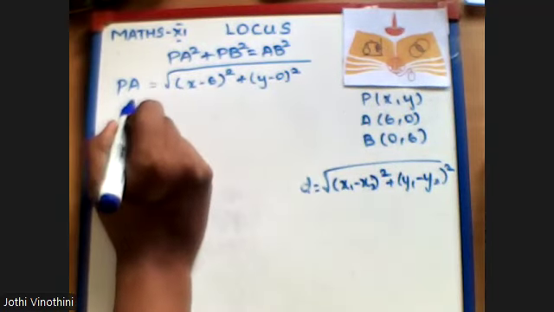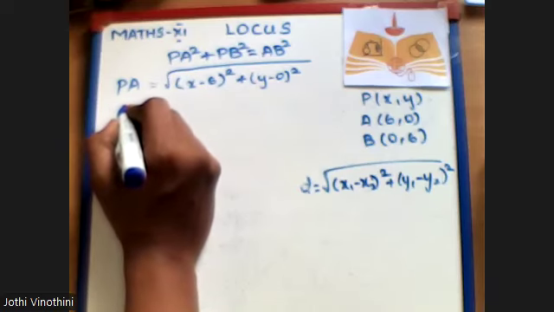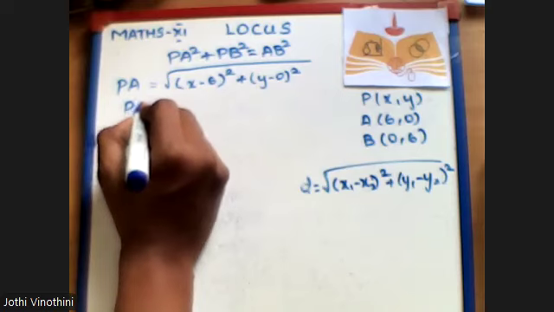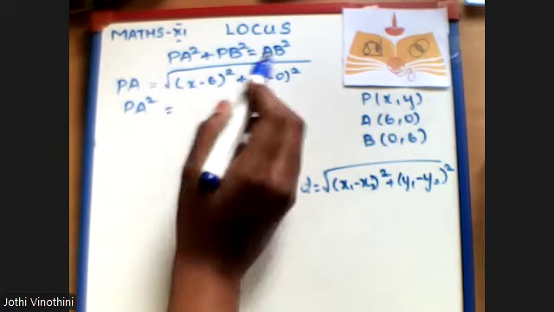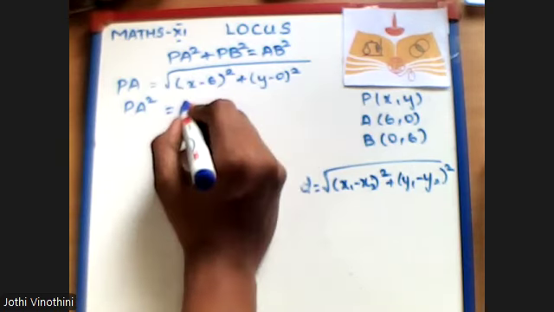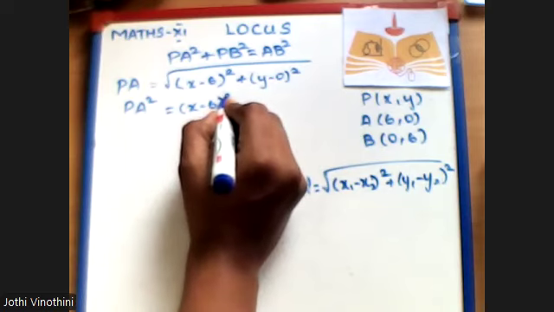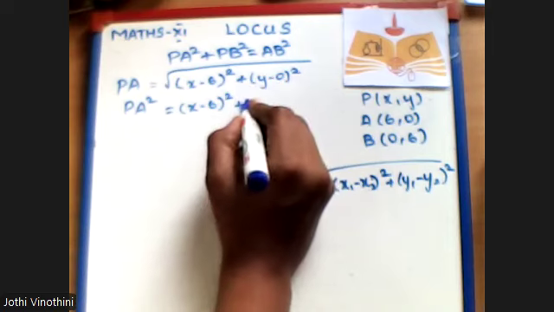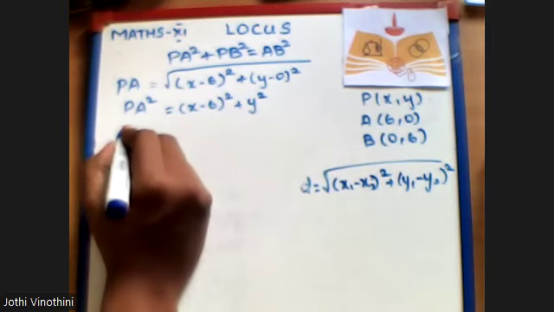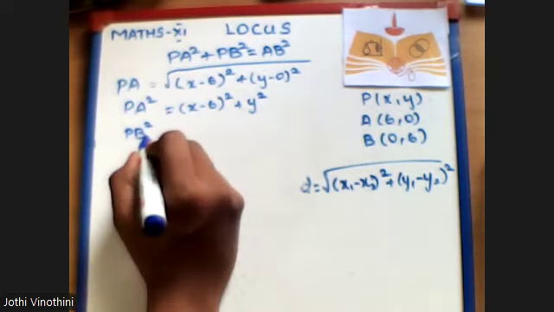So what am I going to find here? I need PA square. So what do I have to do? I have to square this. While squaring, the square root will get cancelled. So the answer will be x minus 6 the whole square plus y minus 0, which is y, the whole square, y squared.